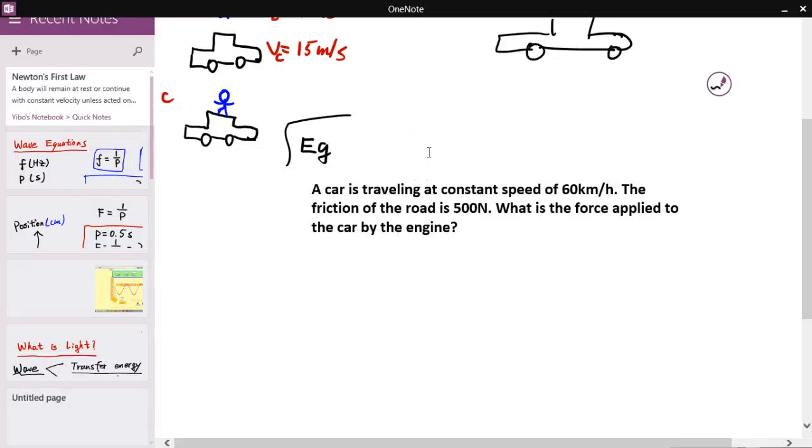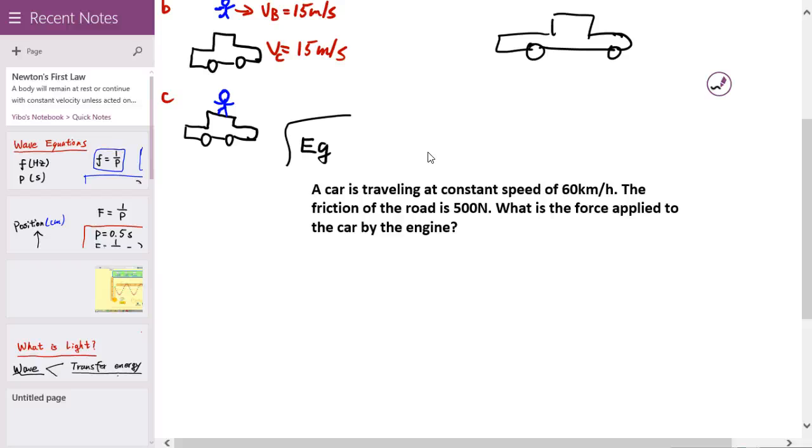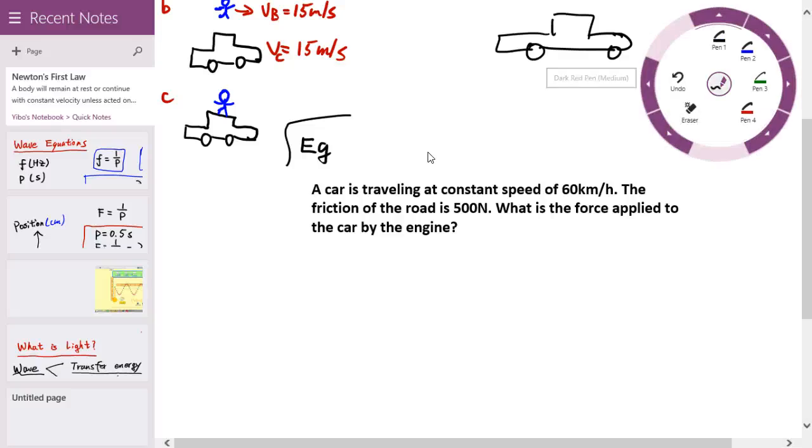Now let's look at another example. We have a car traveling at a constant speed of 60 kilometers per hour. The friction of the road is 500 newtons. That's a friction resistant force. What is the force applied to the car by the engine? Now this is a typical Newton's first law question.